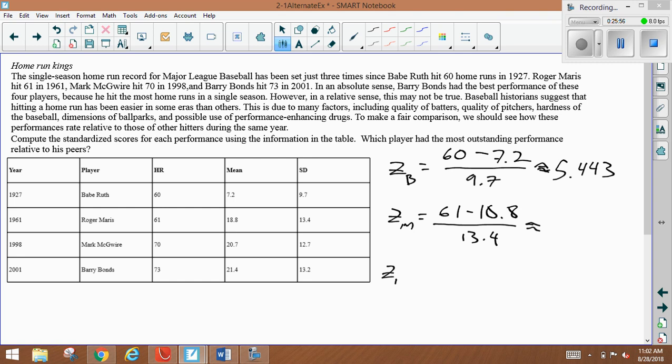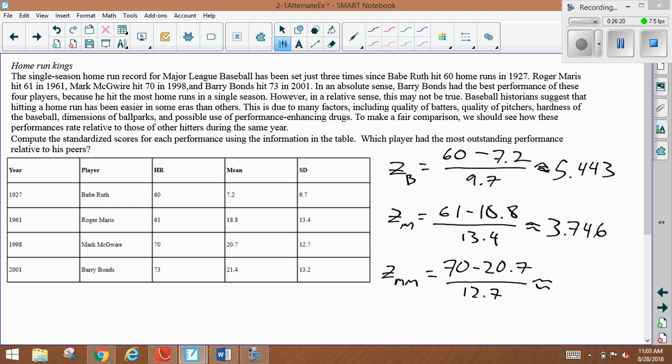Z sub Mark McGwire, I guess we'll do. So, 70 minus 20.7 divided by 12.7. Did anyone get that calculation for Roger Maris? 3.746. You said 2 was that, right?